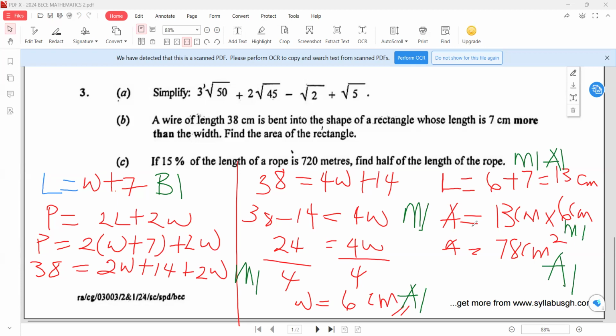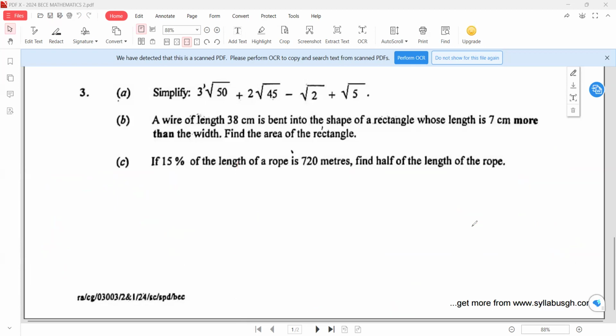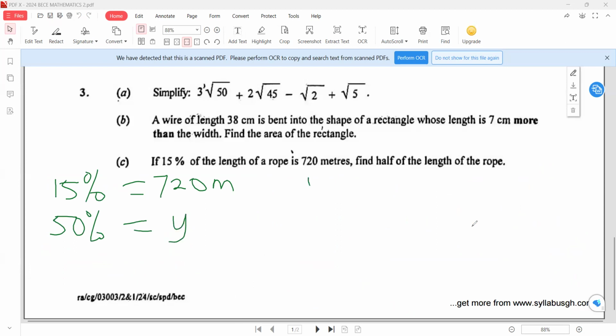Now question 3C. 15% of the length of a rope is 720 meters. Find half of the length of the rope. So 15% is 720 meters. Half of the length is 50%, and that is what we are looking for. So you have y times 15% being equal to 50% times 720 meters.